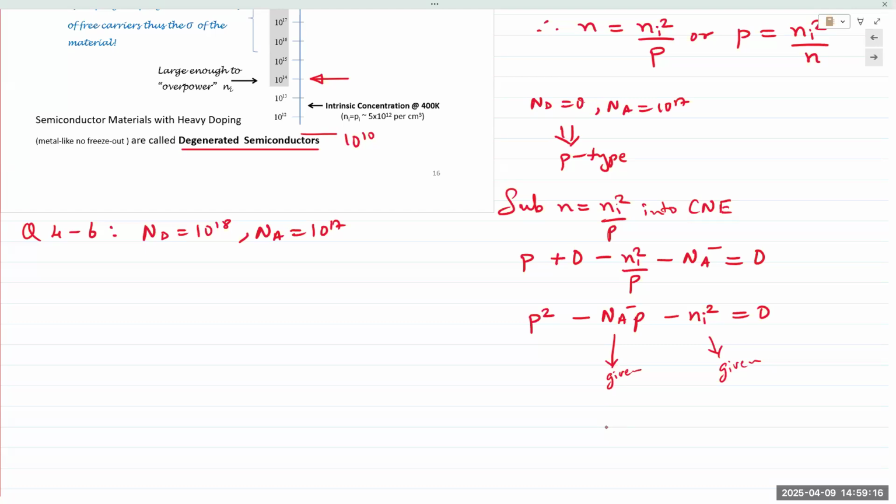That's the only difference. The methodology and the equations remain exactly the same. The only difference is it's ND minus NA. Even in the previous equation, it was NA minus ND, but ND was 0, so we didn't have to worry about it. In this case, it's ND minus NA. This is an N-type material. You solve it using the exact same method that I just outlined.